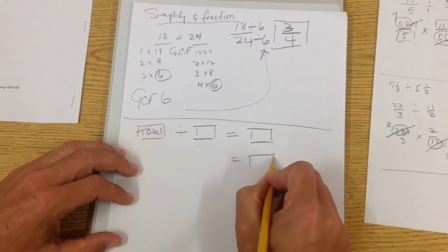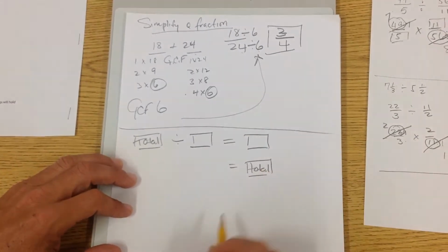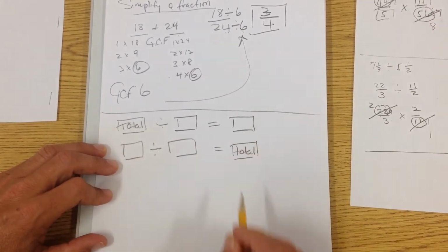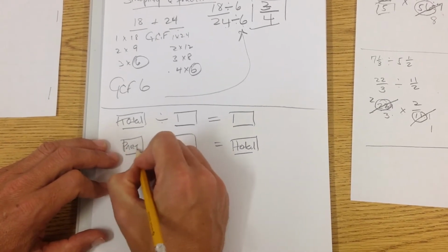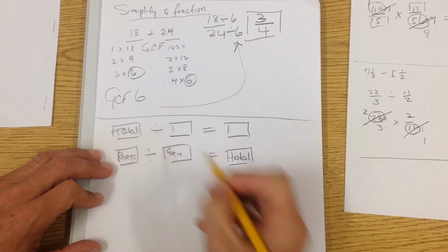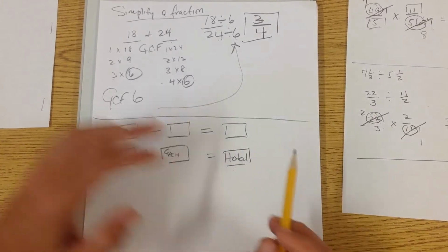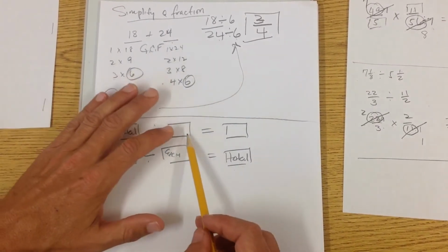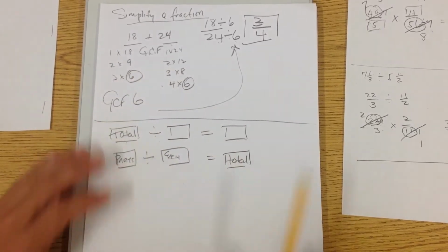Multiplication will ask you for the total. It'll give you how many parts and how much each one is, and ask you for the total. So whenever they give you the total and ask you to divide it into parts, that's division.